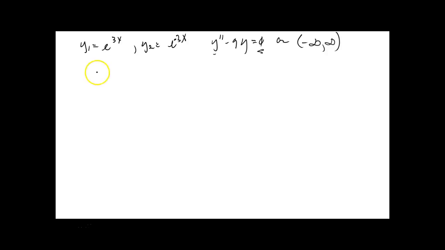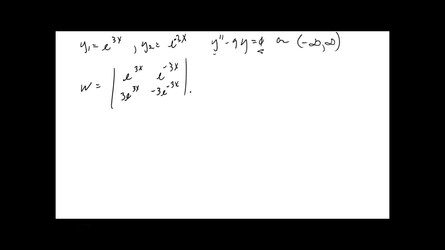The Wronskian is the determinant of the functions e to the 3x, e to the minus 3x, and the first derivatives, because you go up to your order minus 1. So this will be 3e to the 3x, minus 3e to the minus 3x. Okay?